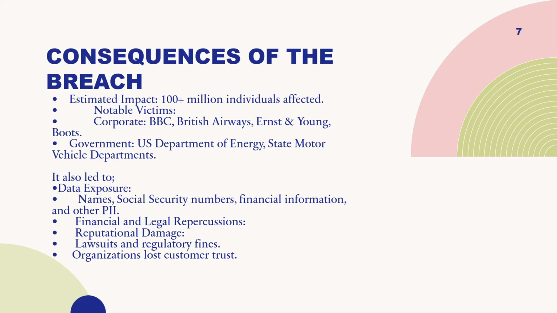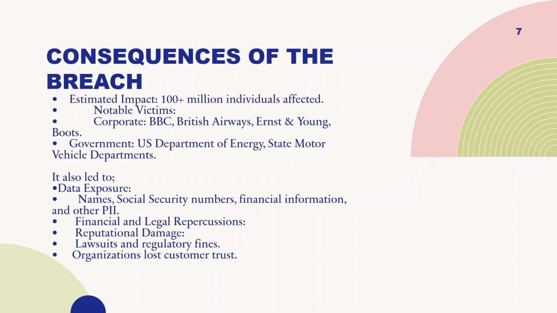So the consequences of this breach: we can look at hundreds of millions of individuals being affected. We can also see that corporate organizations using this software, the BBC, British Airways, and Ernst and Young, were all affected, and even some government agencies like the Department of Energy and state motor vehicle departments.